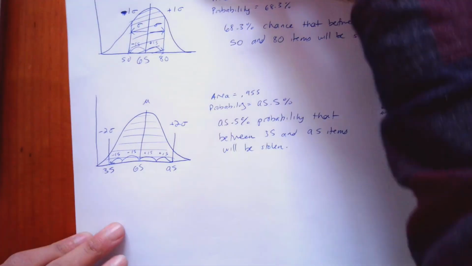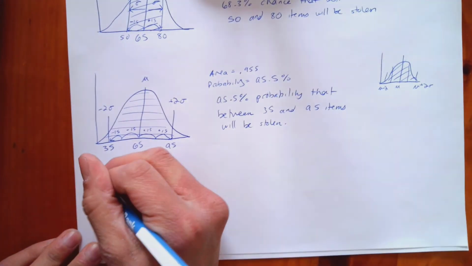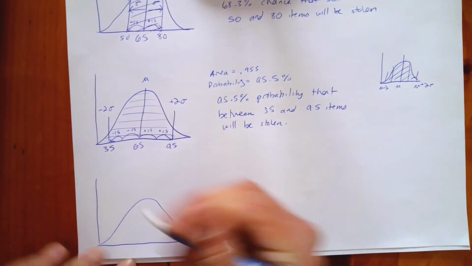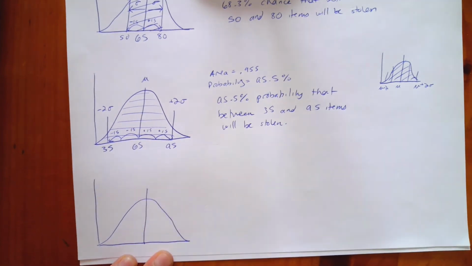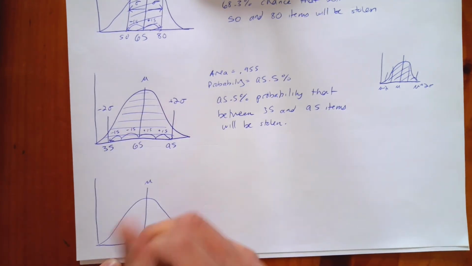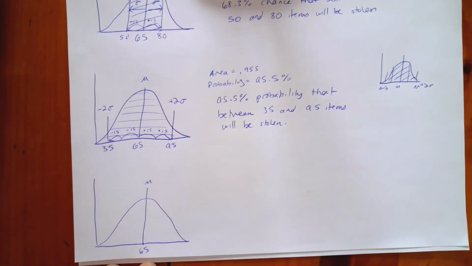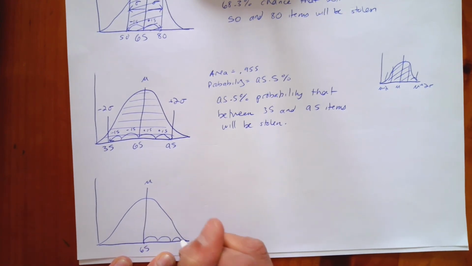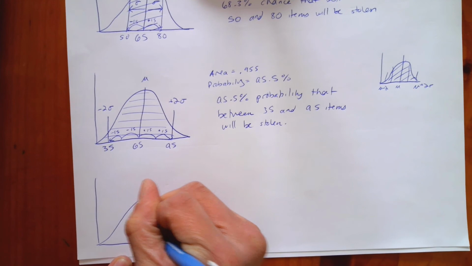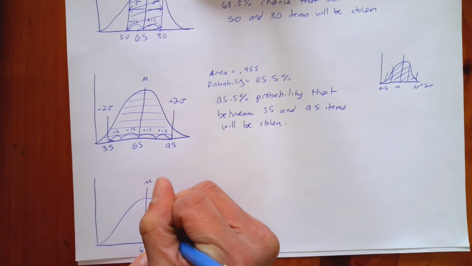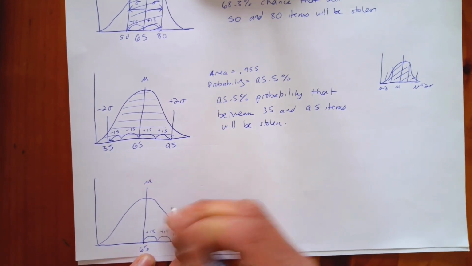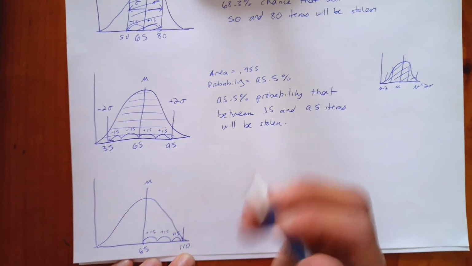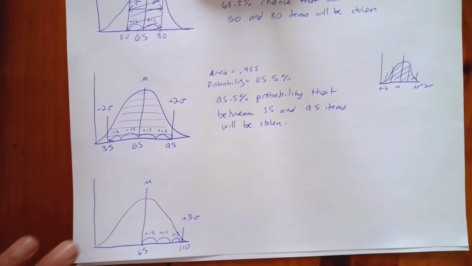All right, and last but not least here, I'll go through the example for 3 standard deviations on either side of the mean. Here we have our overall mean here, which is 65, and now we're jumping out 3 standard deviations, both to the right and left. So +15, +15, and +15. That brings us to 110 items, or +3 standard deviations.